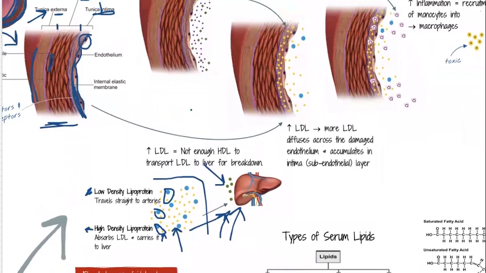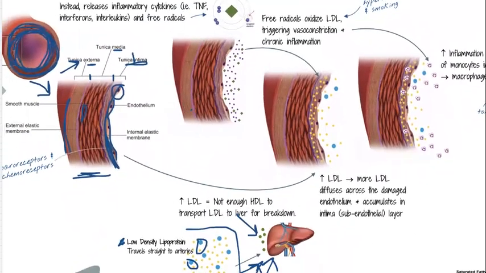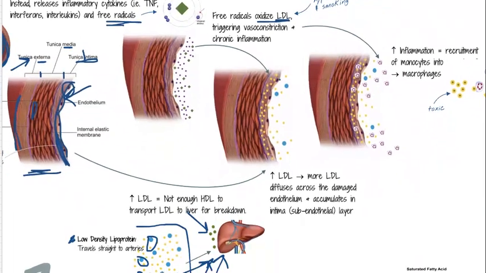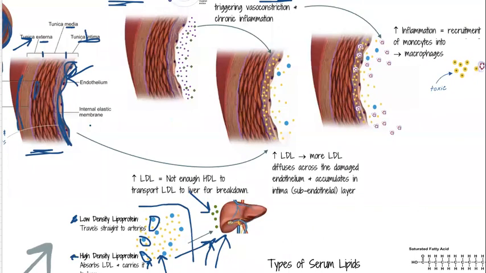Remember when we were talking up here about how the endothelial injury causes the body to release these free radicals that then oxidize those LDLs. And I said we'll talk later about where those LDLs have come from.